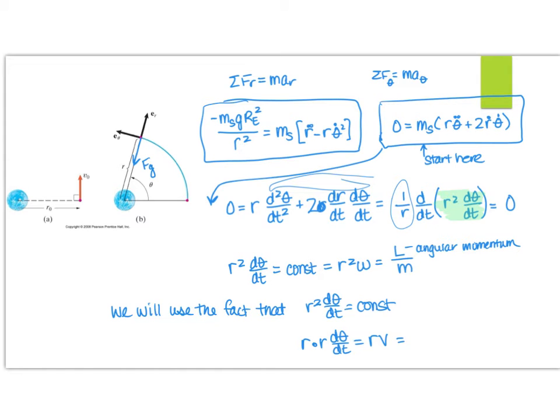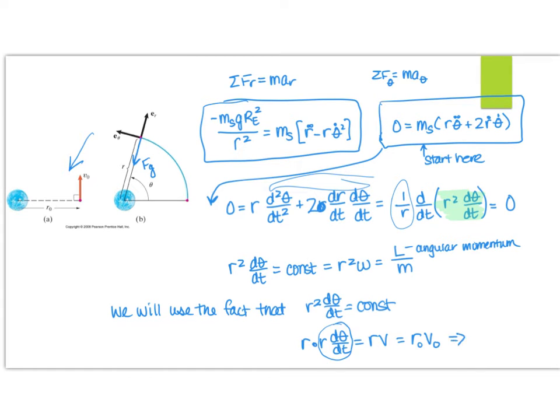If we redistribute our r here, these two things multiplied together actually give us the velocity. So r times velocity is a constant. If we go back to our original problem, remember that we said initially r was r naught and v was v naught, and so we're going to use those as our constants.